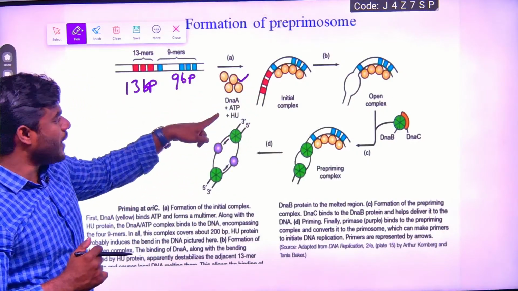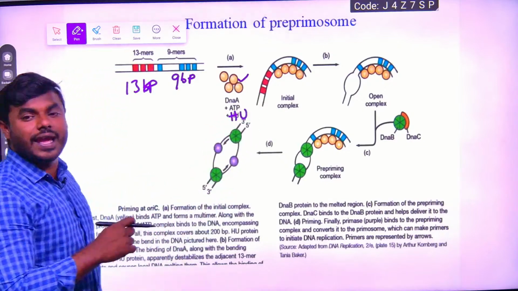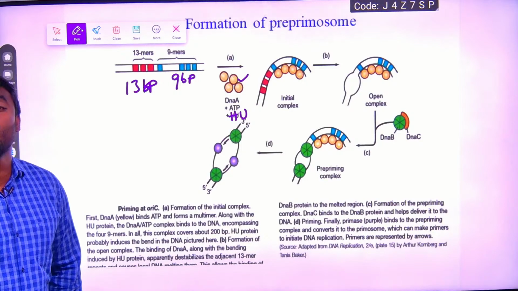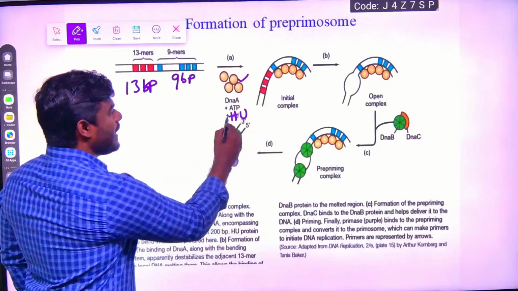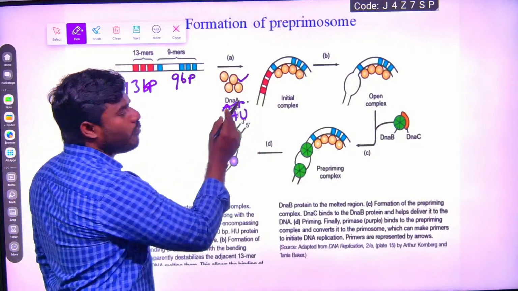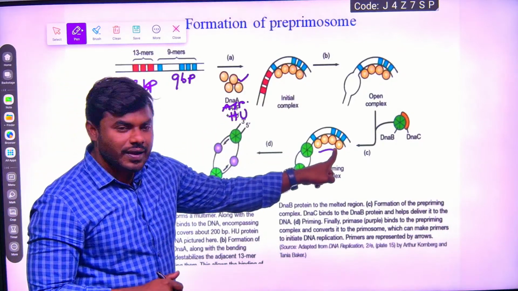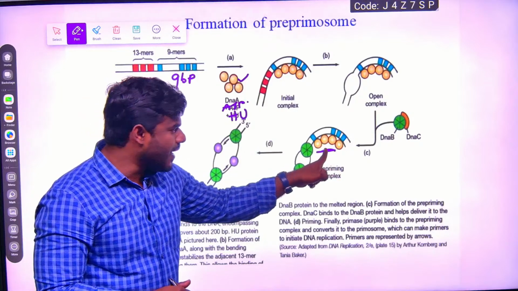Along with the DnaA protein, we require some more proteins called HU, histone-like protein. It is not a histone, okay? Histone-like protein, which is also a type of initiator protein, along with the ATP molecule. Now, where do they come and attach, can you see that? Exactly to which boxes? 9 base pair, which we call DnaA boxes.